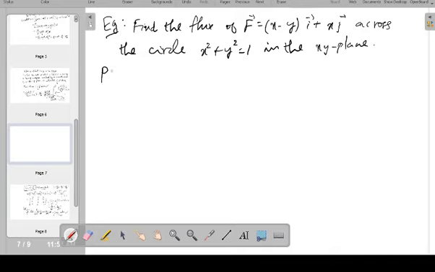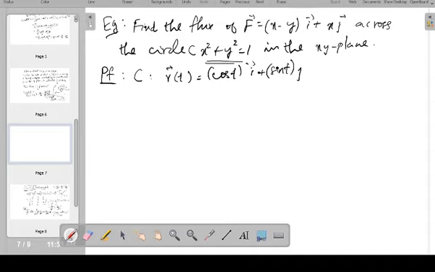So how do you do this? This circle is given in Cartesian form. You have to parameterize it. So r of t is equal to, how do you parameterize a circle? cos t vector i plus sin t vector j. This is the parameterization of the circle.